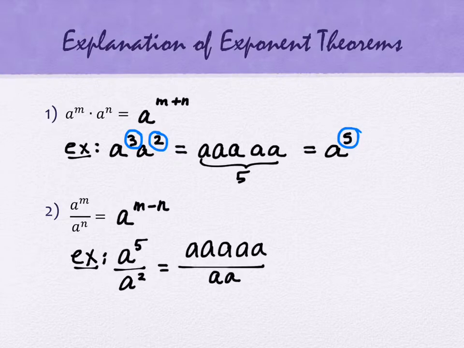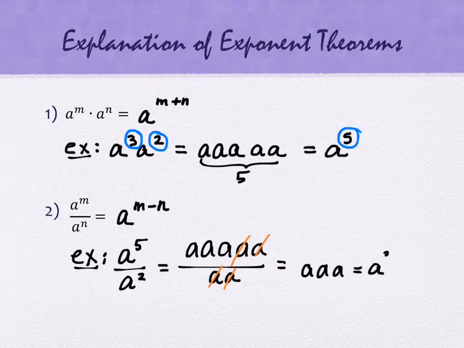And we are going to reduce them in what way? What do we do? Yeah, so if they match, because they're factors, right? Because multiplication, I can cross them out. Basically what I'm doing is I'm dividing them out, really. And what does this leave me with? 3 a's. A, which looks an awful lot like a cubed. So again, how do I get from 5 and 2 to 3? You subtract, right? You do.